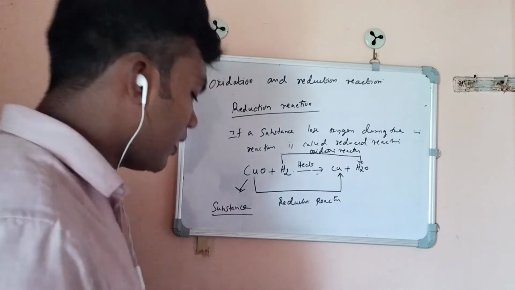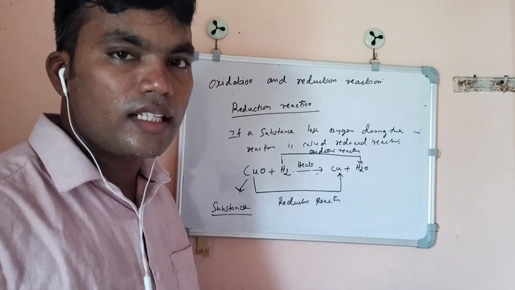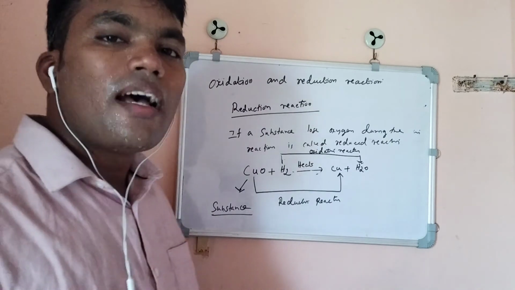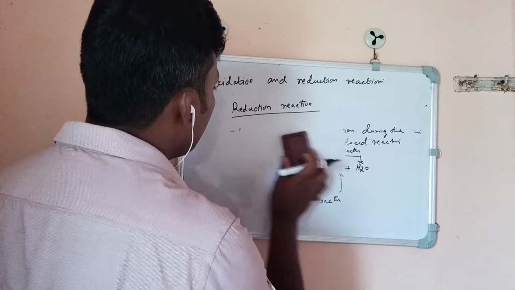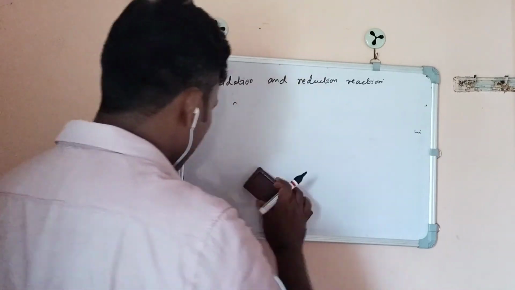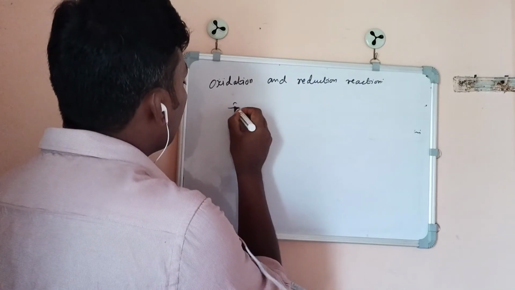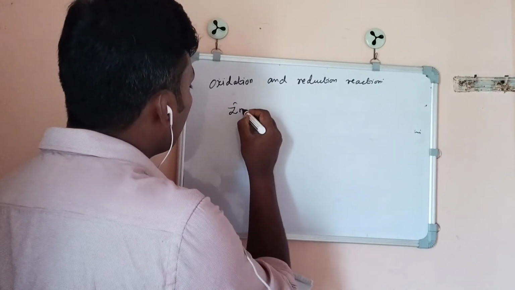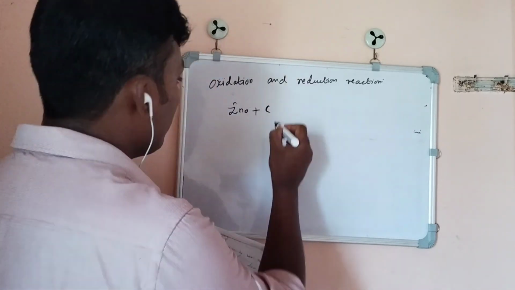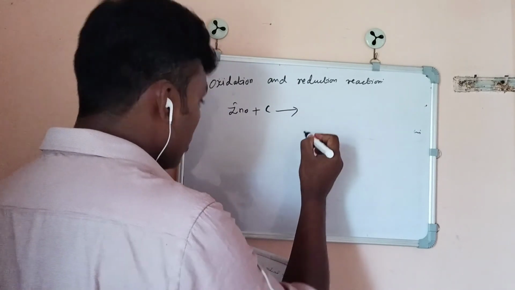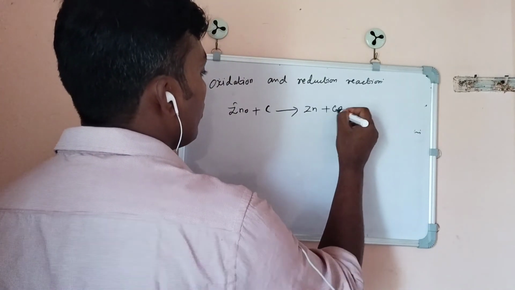Now you have learned what is meant by oxidation and reduction reactions. I'm going to tell you some other examples. Write down the answers. Zinc oxide plus carbon is converted to zinc with carbon monoxide.